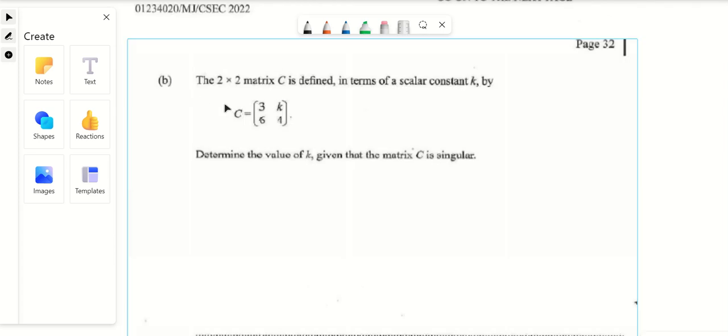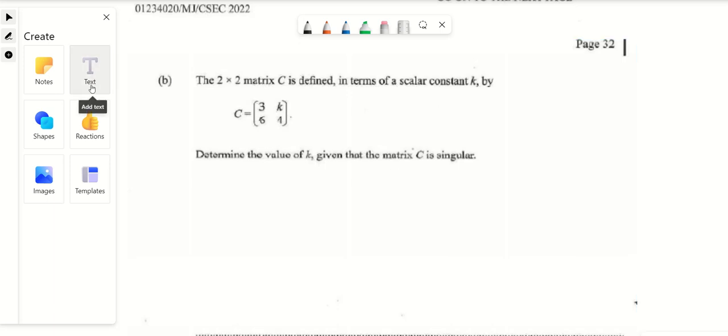Okay, so this is part B. The 2 by 2 matrix C is defined in terms of a scalar constant k, right? So there's a k in it, by this. Determine the value of k given that matrix C is singular.